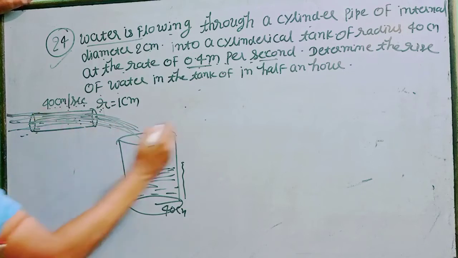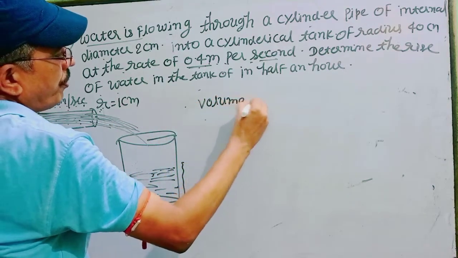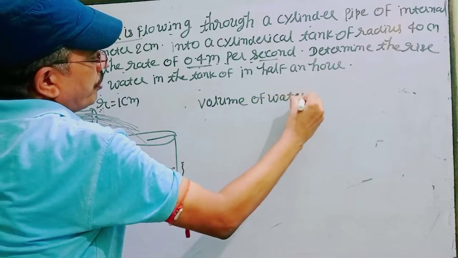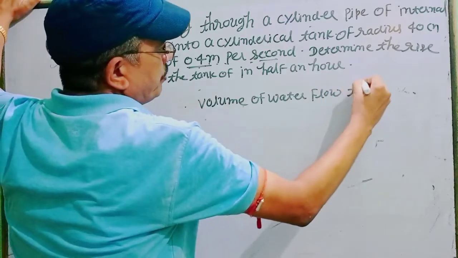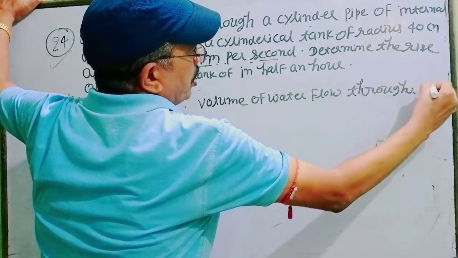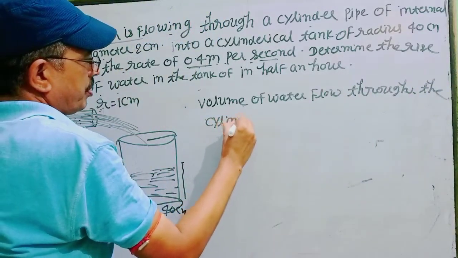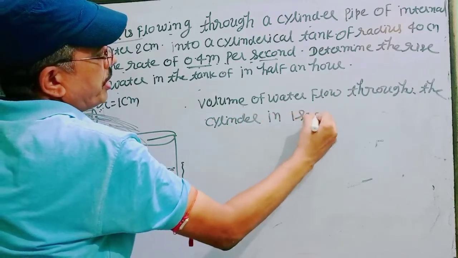So first find what is the volume of water flow through the cylinder in 1 second.